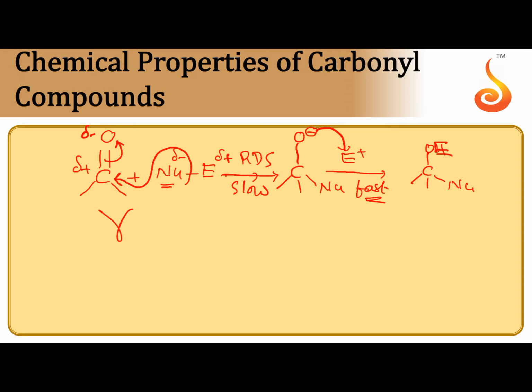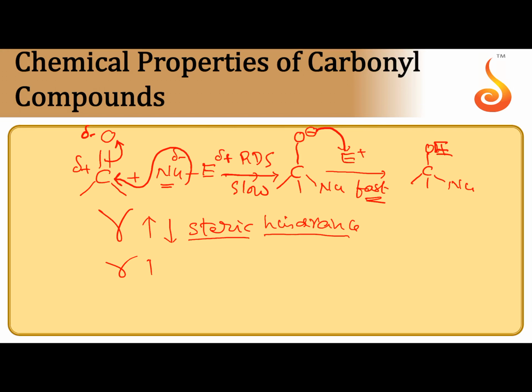Here, the rate of nucleophilic addition reaction is inversely related to steric hindrance. When the steric hindrance is less around the electrophilic carbon, the nucleophile can attack easily on the electrophilic carbon, giving the product quickly. So the rate is inversely related to steric hindrance around the carbonyl carbon.